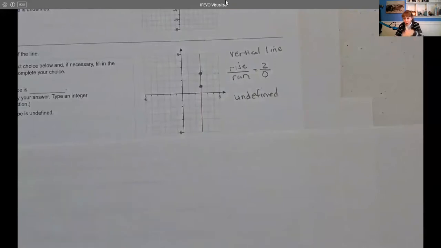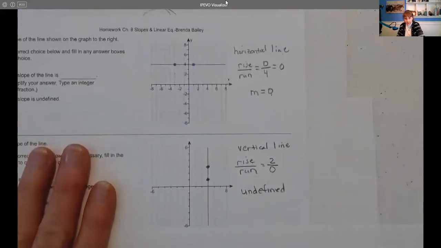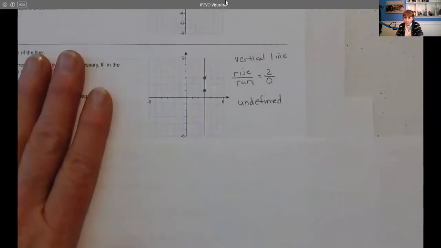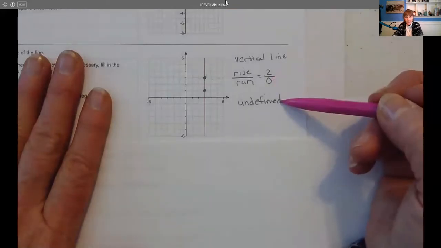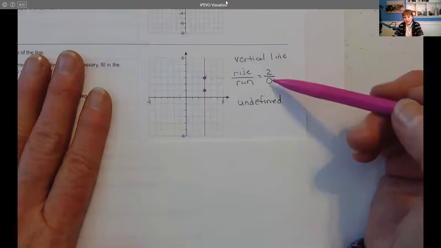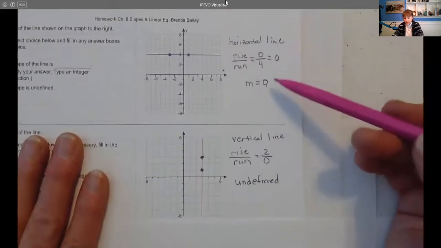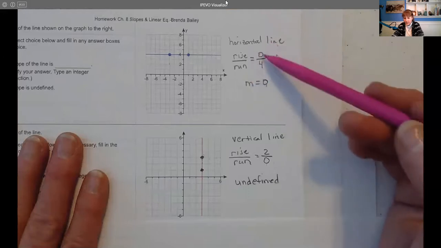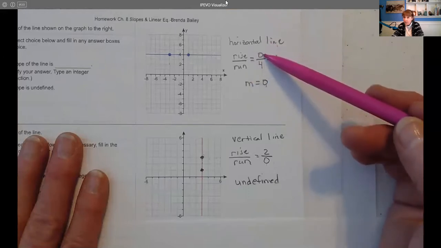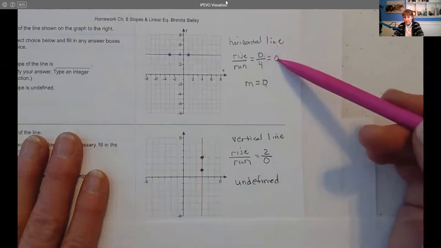So the slope of a horizontal line is 0. The slope of a vertical line, because you cannot have a 0 in the denominator, is undefined. I'm going to give you 2 points and you're going to have to figure it out. If you run into a 0 in the numerator, the answer is 0.